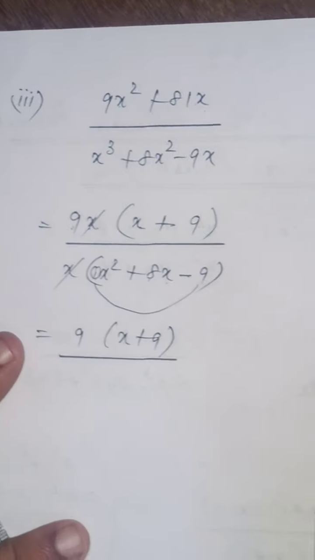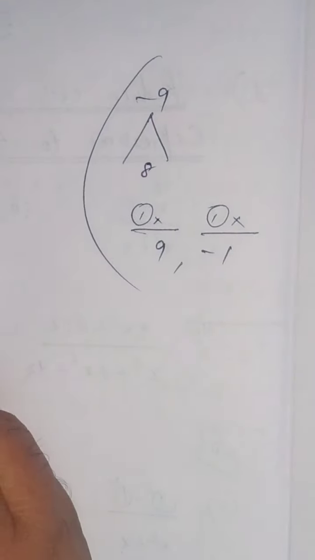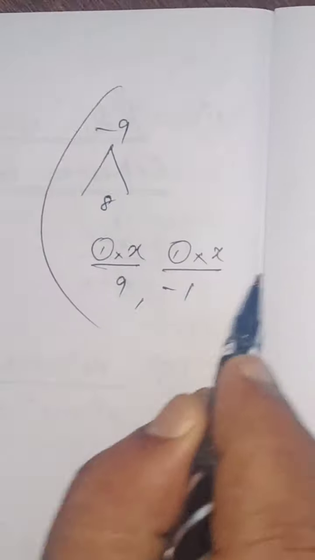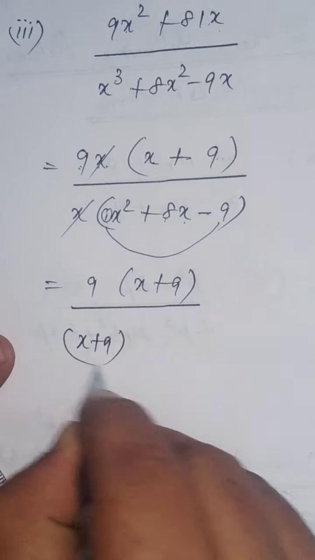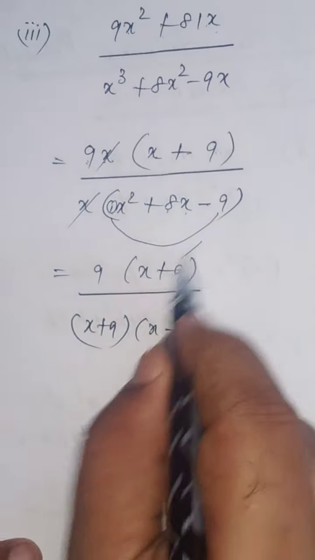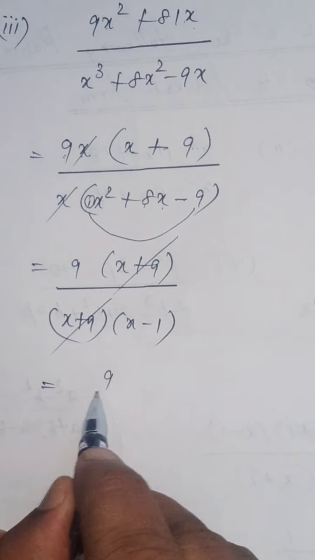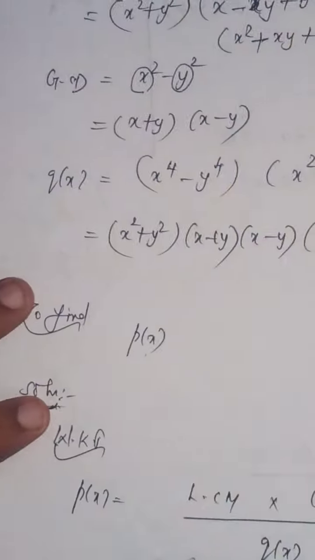Here we have 1. Write 1 in numerator, into the variable x plus 9. 1 into x minus 1. X plus 9 get cancelled. 9 divided by x minus 1. Now the last, subdivision number 4.